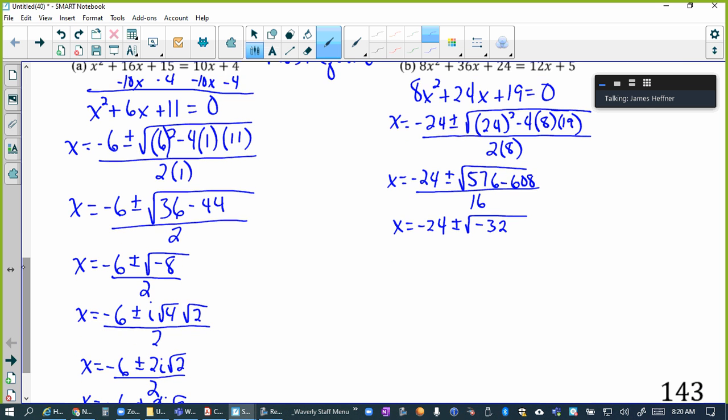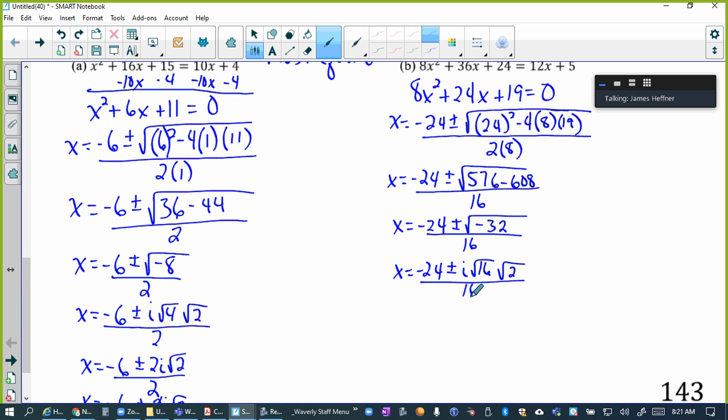I'll bet you there's a perfect square factor of 32, right? All over 16. So let's take out the negative 1 under that square root as an i. And what's the biggest perfect square factor of 32? You know your perfect squares. 16. 16 times 2.